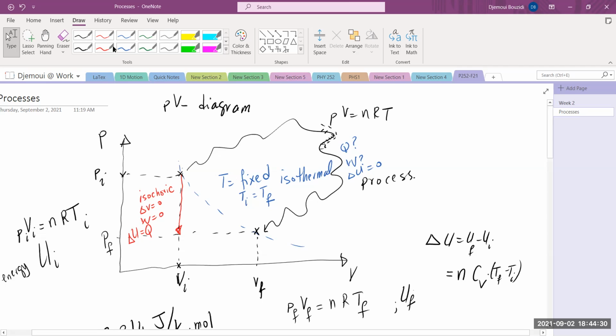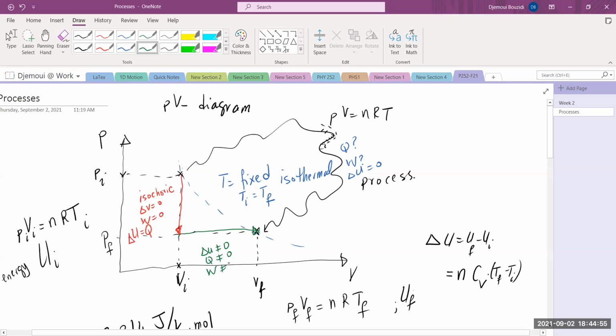Okay. The third process I'm going to talk about is this process going at constant volume, I mean, constant pressure, I'm sorry. Obviously, from this temperature to this temperature, it has changed. So delta U is not equal to 0. Q is not equal to 0 either, so we need to find it.